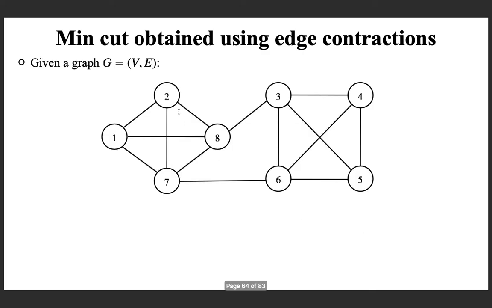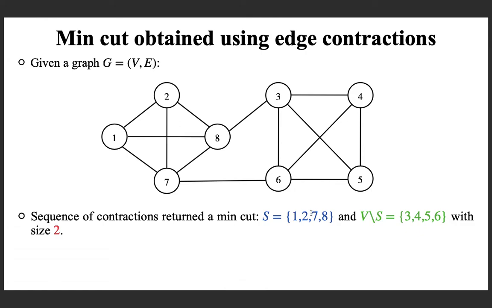So on this graph, we got this as a cut with S as the vertex set on one side and V minus S as the vertex set on the other side, which is having a size of 2. So this is exactly the cut that we got. And if you are selecting that sequence of edges, definitely you will get this cut.